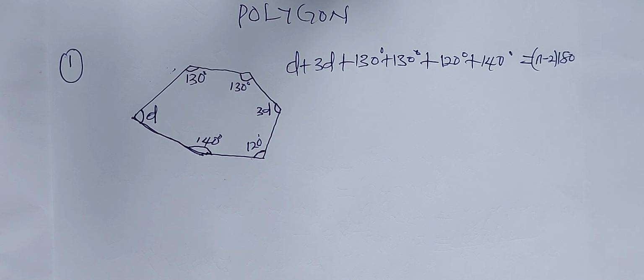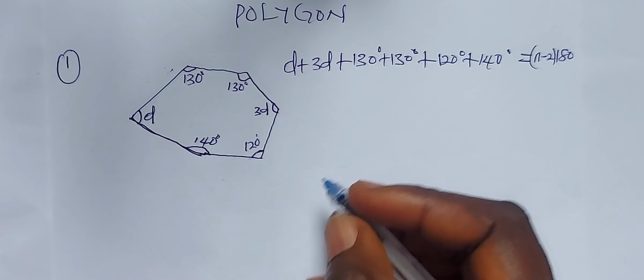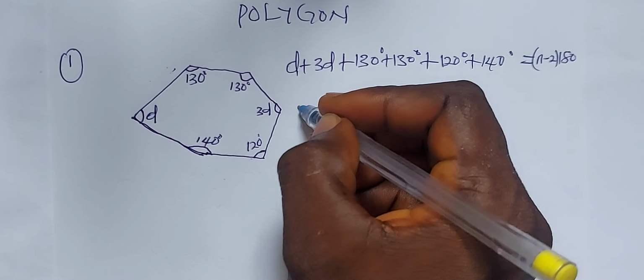What is our n? n is 6, because we said it's a hexagon, a 6-sided polygon.